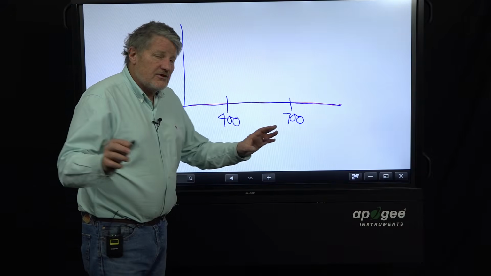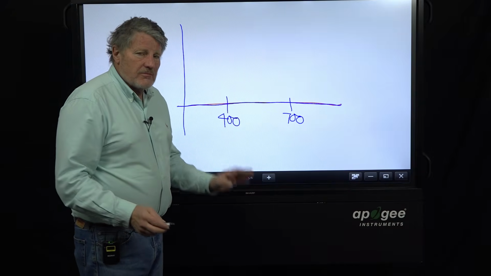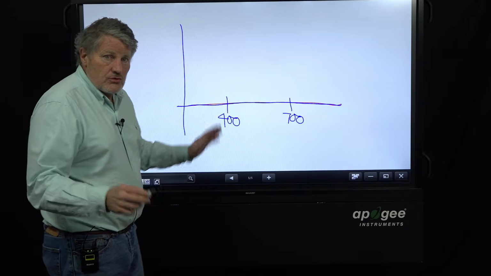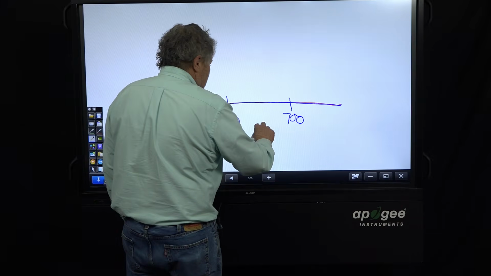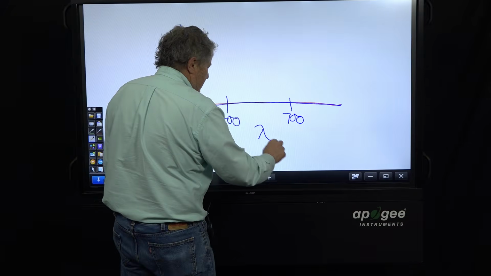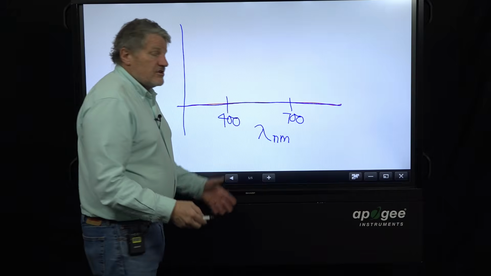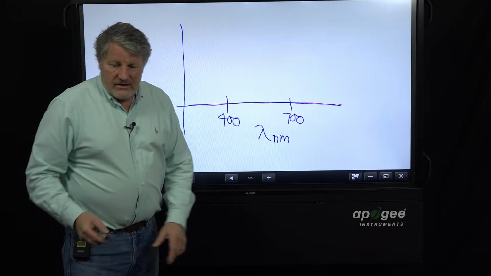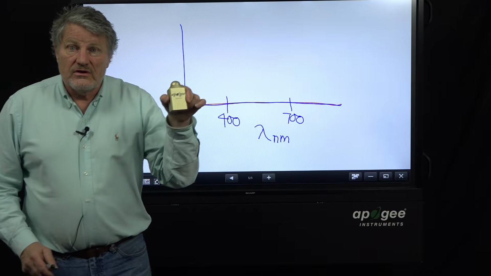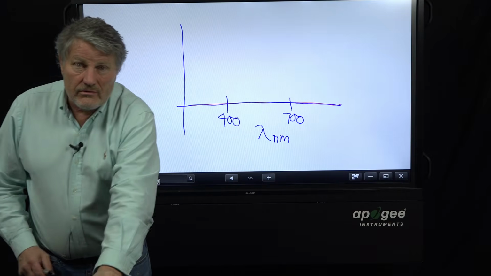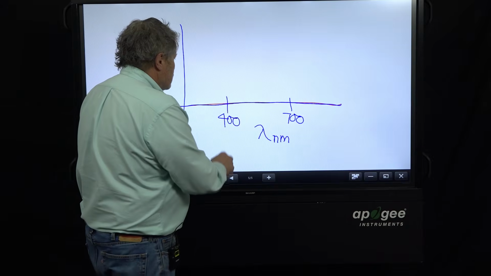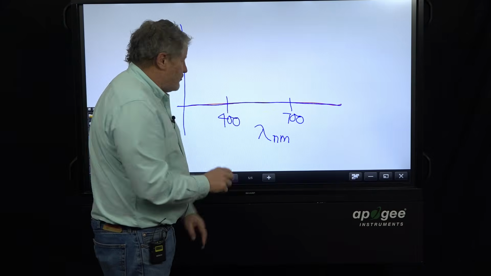If you're going to get an honorary degree in cannabis science, you've got to memorize these two numbers. We use lambda to express this, and the unit here is nanometers. So this is colors of light. This is what you would use this spectroradiometer to measure. I think most people know, but let's review this.